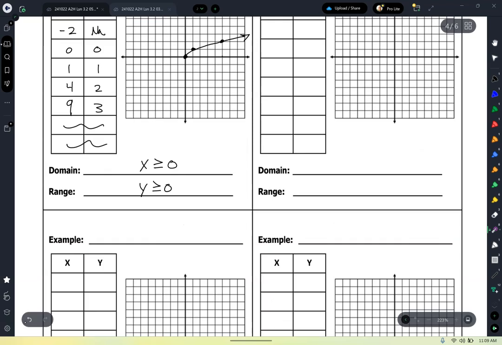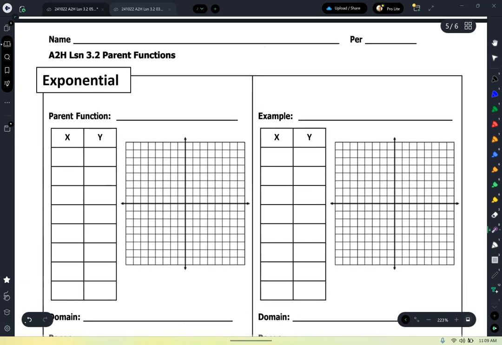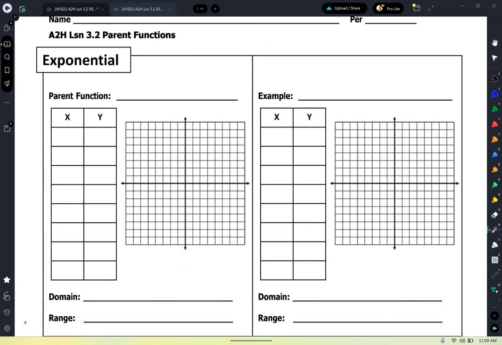All right, then. Let's talk about exponential graphs. Exponential graphs are where the input is the exponent, which we've started to see when we talked about geometric sequences.